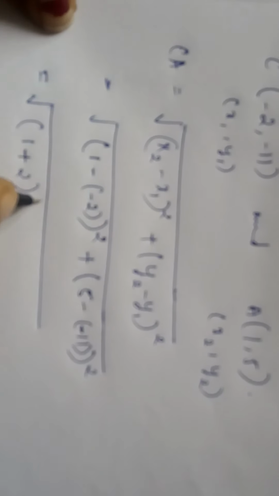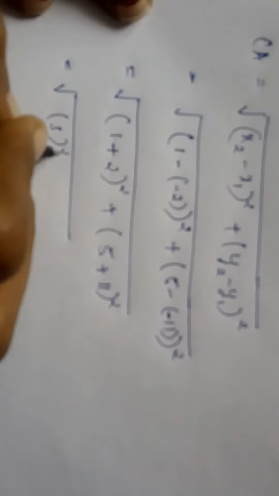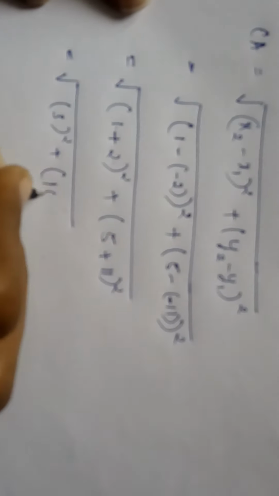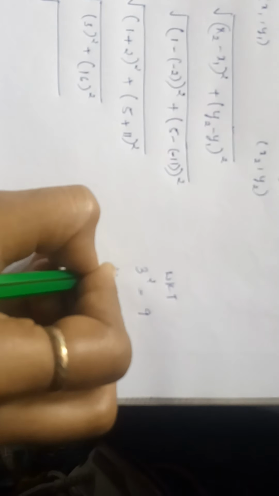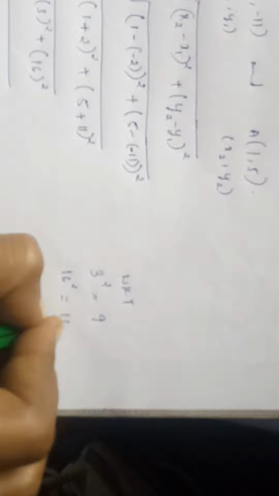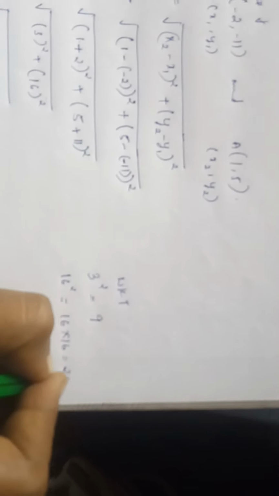1 as it is. Here minus into minus is plus, 2 whole square, plus 5 minus into minus is plus 11 whole square. Square root of 1 plus 2 is 3 whole square plus 5 plus 11 is 16 whole square. 3 square is 9. 16 square is 16 into 16, that is 256.